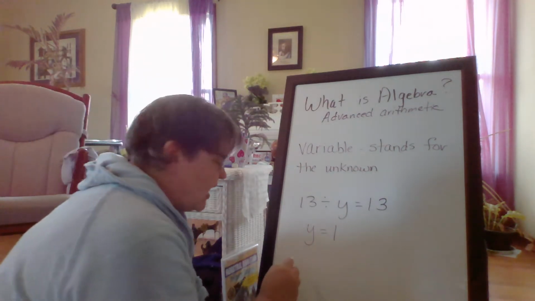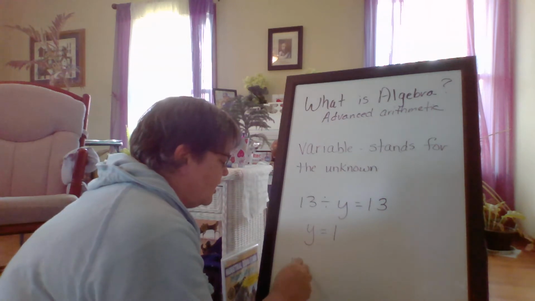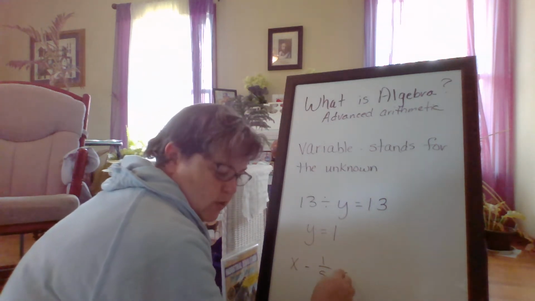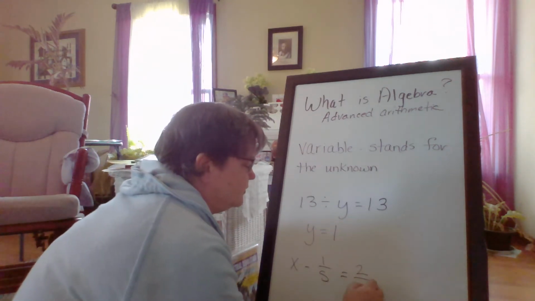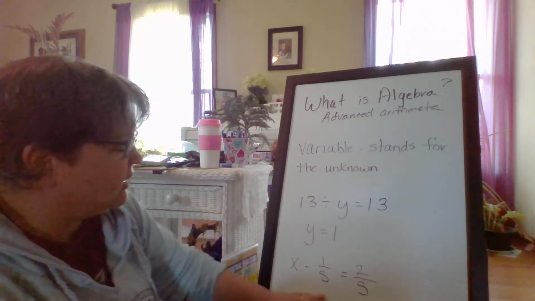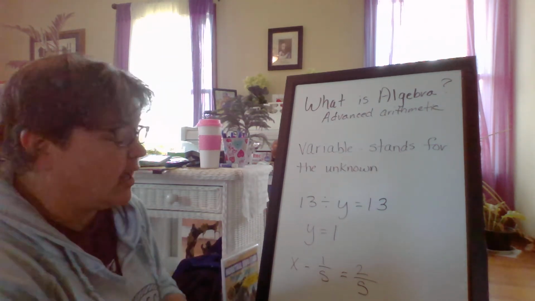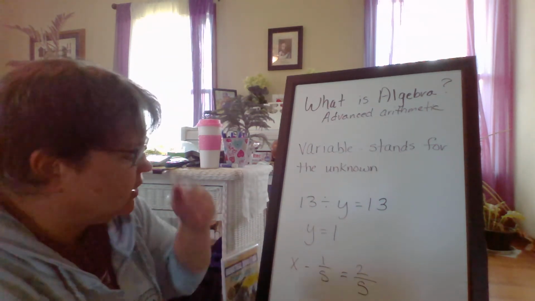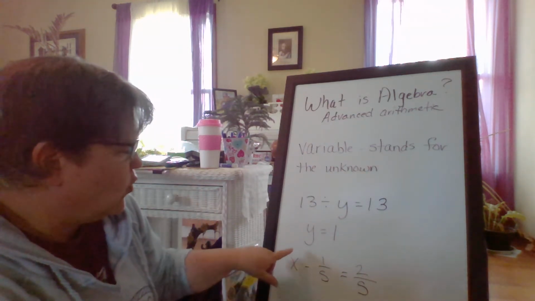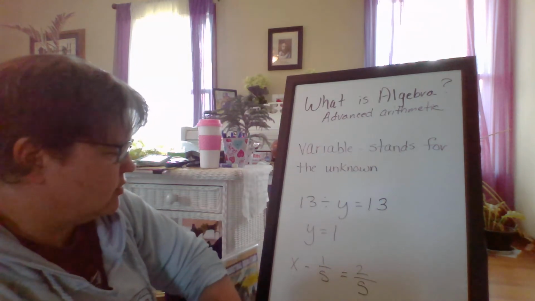All right, one more. Let's say we have x minus 1/5 equals 2/5. So you're thinking, well, at least we have the same denominators. Yay. So all I need to do is really look at the numerator and think, okay, what minus 1 will give me 2?